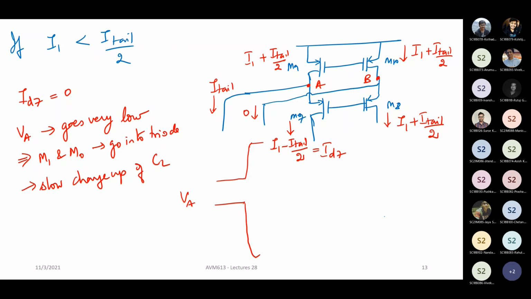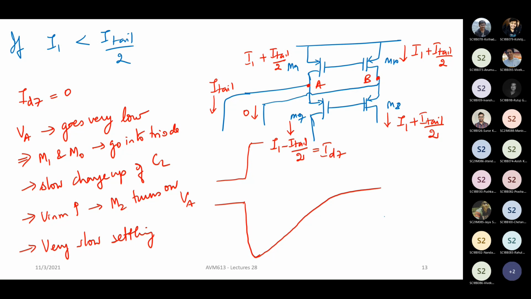Now once CL starts charging up, VinM also starts increasing, and therefore the current balance starts to recover, and there's a slow recovery of this node voltage A, right? Once VinM starts coming up, M2 turns on, and then you start sharing the current between M1 and M2, and this heavy load on M9 goes down, and therefore you have something like this. In other words, if you have I1 less than I tail by 2, you have very slow settling.